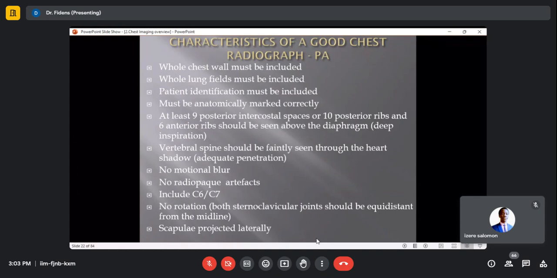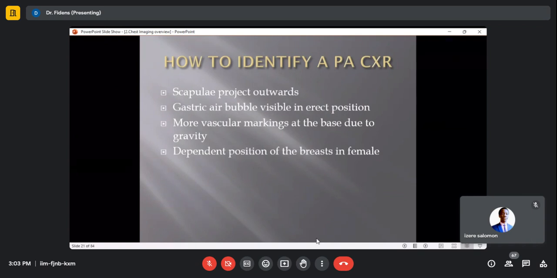Was there any question, or do I continue? Yes, on the previous slide, point number 4, I'm not understanding it very well. Dependent position is down; it is opposite to the gastric air bubble in the stomach. It is the lower position because of weight.